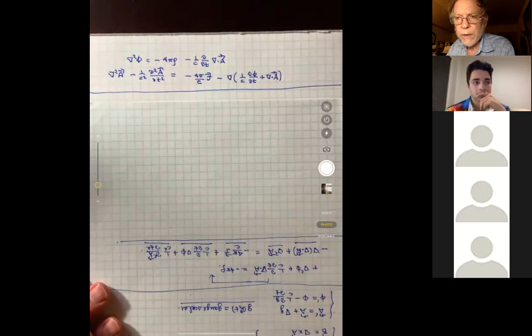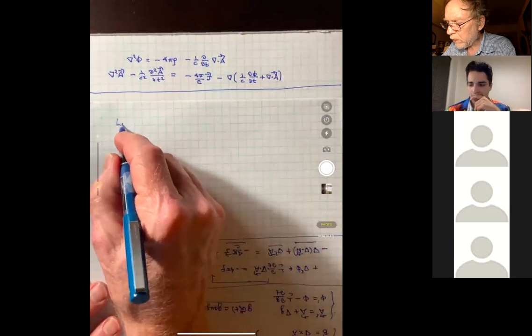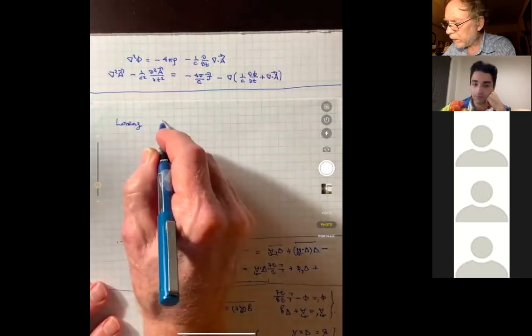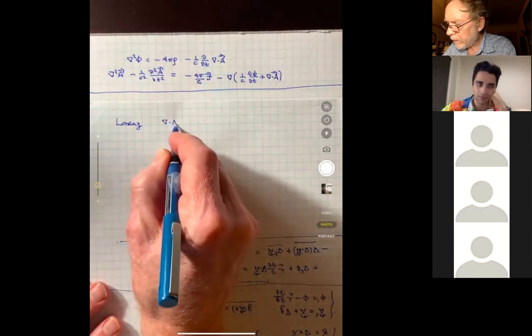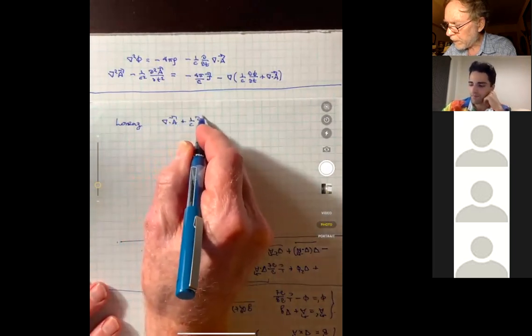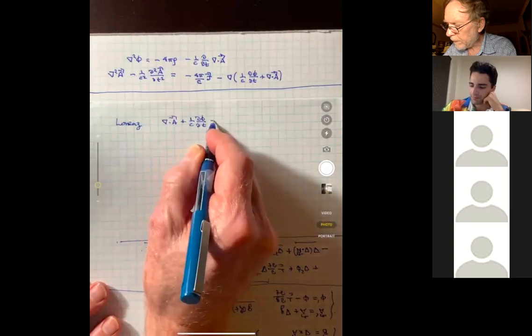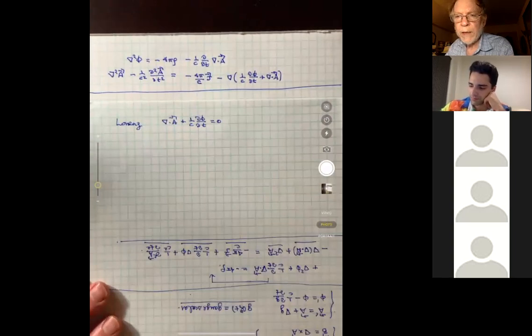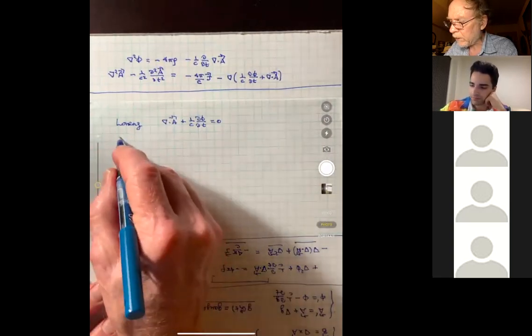Lorenz gauge, this is Lorenz, by the way, L-O-R-E-N-Z, if you read Jackson's book. In Lorenz gauge, ∇·A plus 1 over c ∂φ/∂t is equal to 0. And this is covariant if you put it in a covariant formulation, and that's why Lorenz gauge is favored for covariant approaches to quantizing the electromagnetic field.